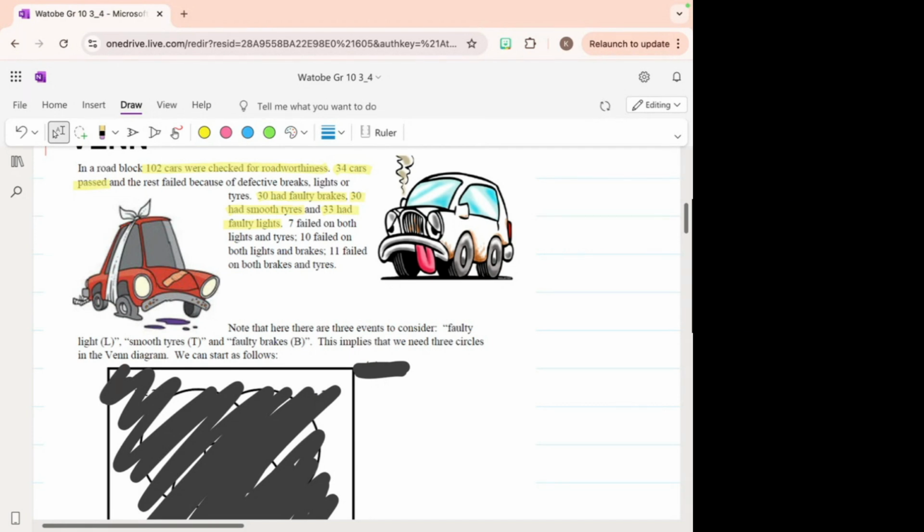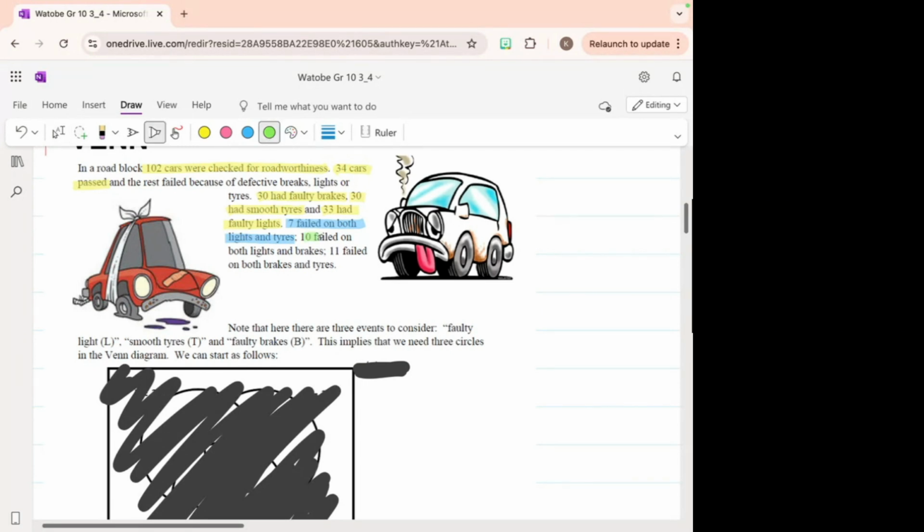All right. This is where we start getting a little bit, okay, so let's go see. 7 failed on both lights and tires. Okay, so 7 are going to fail on both lights and on tires. All right. 10 failed on both lights and brakes.